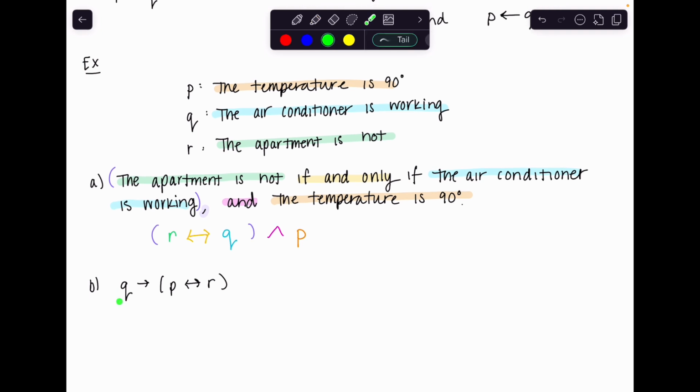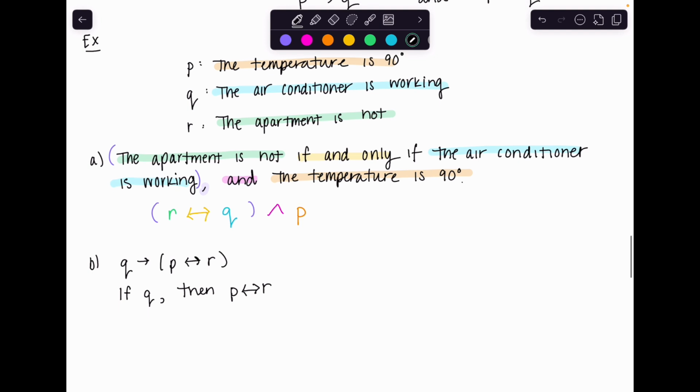For this next one, I want to write the actual statement from it. So again, the thing in parentheses happens together. So my main operation is going to be this conditional arrow. So the way you want to read this is if Q occurs, then this other thing is going to occur. Okay. So filling in those pieces, statement Q is the air conditioner is working.